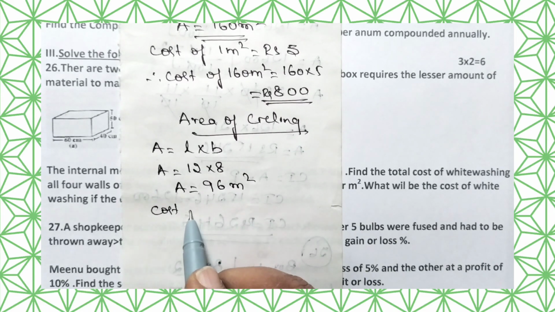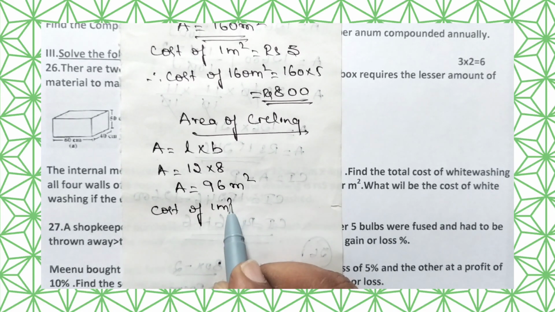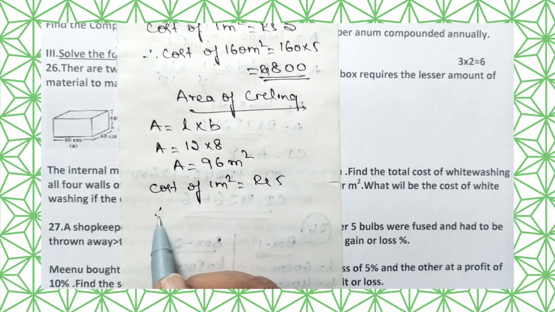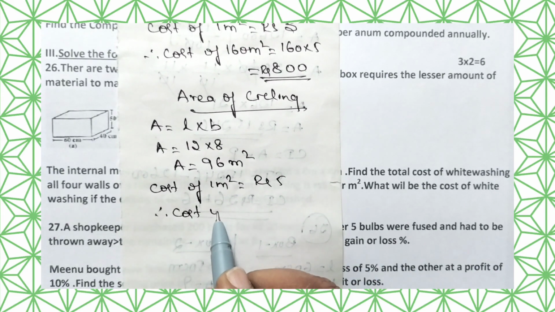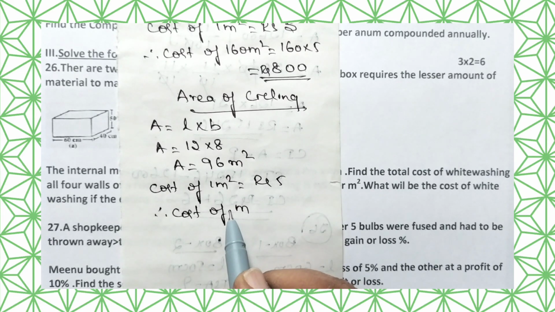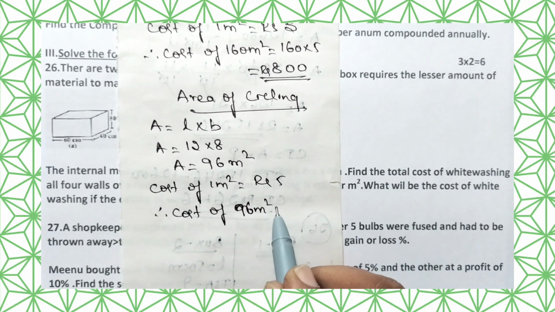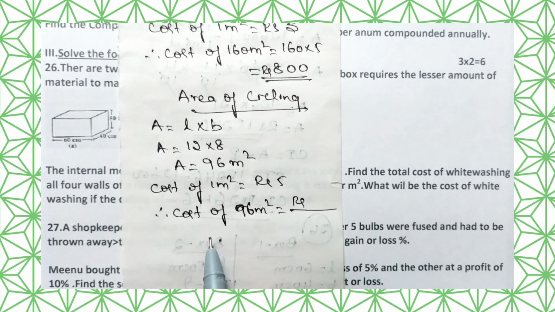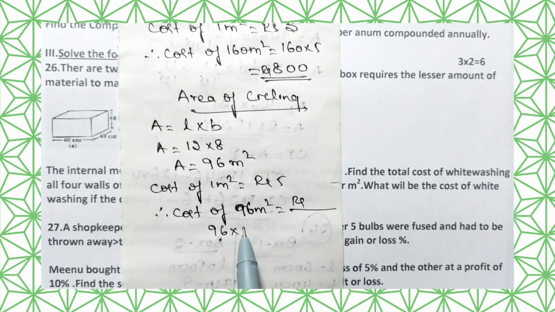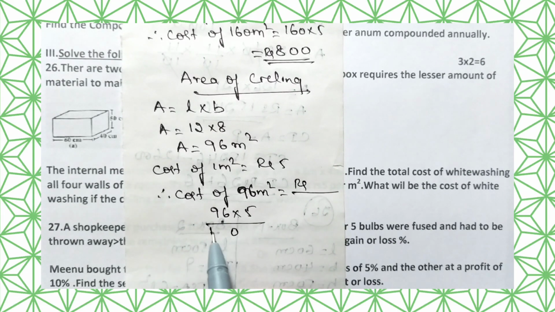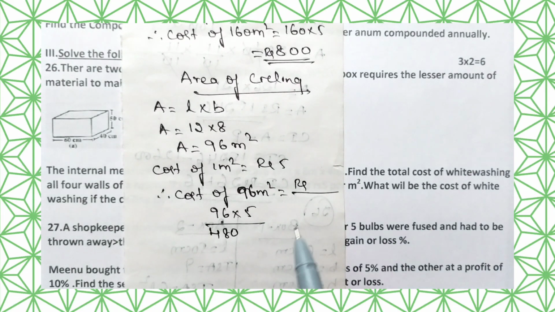So cost of 1 meter square is equal to rupees 5. Therefore cost of 96 meter square is equal to dash rupees. So 96 should be multiplied by 5. 5 6s are 30, 5 9s are 45, 45 plus 3 is 48.